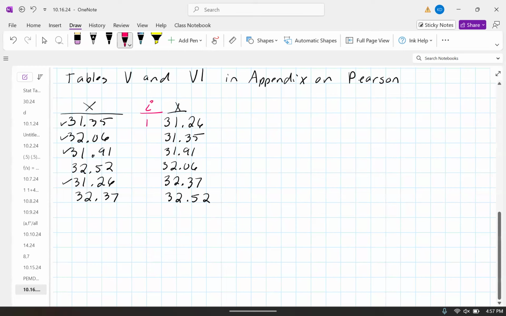So this is data value 1, 2, 3, 4, 5, and 6. Nothing magical there. It also tells me my N is 6.